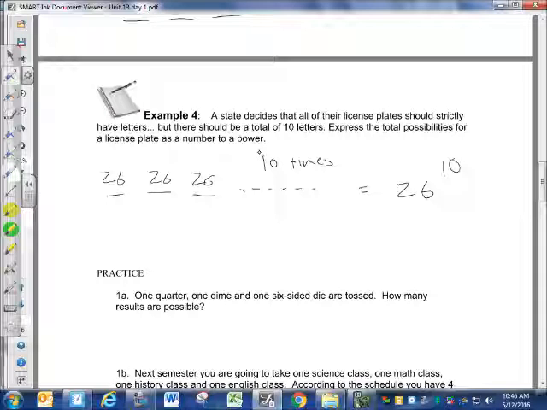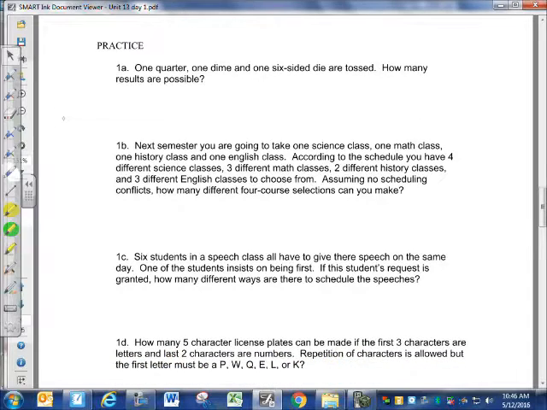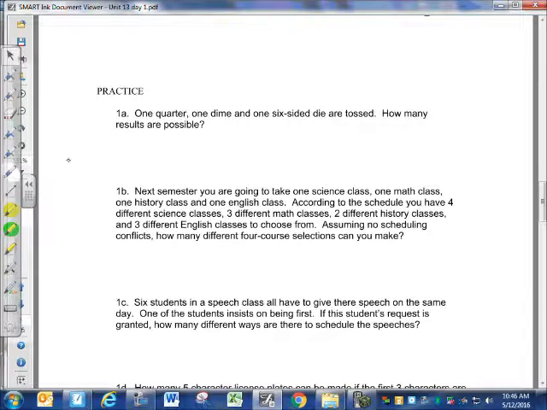You guys do 1A, 1B to start. Go. We will go over 1A and 1B.